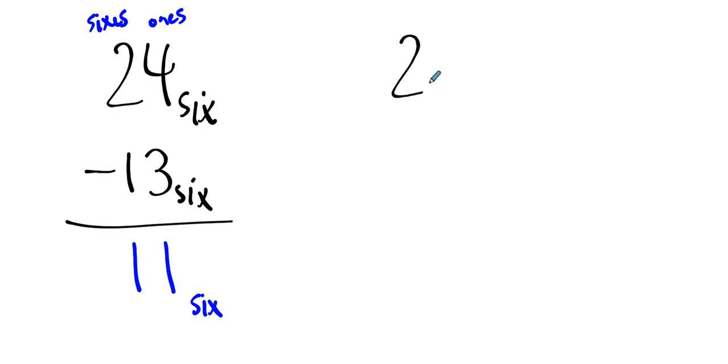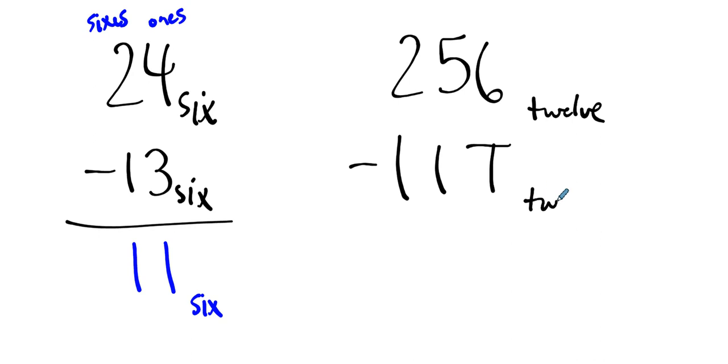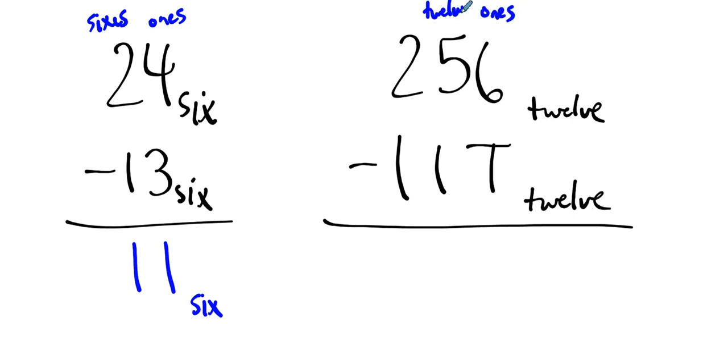But what happens in base 12? In base 12, these are 1s, these are 12s, these are 144s. When we have 6 1s and we try to take away 10 1s, we can't do that.